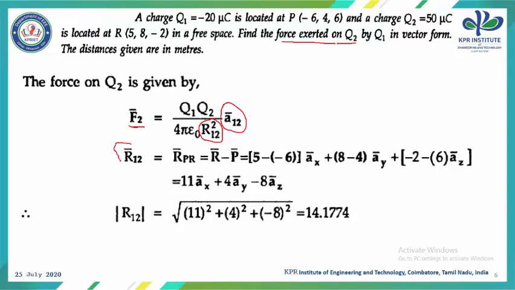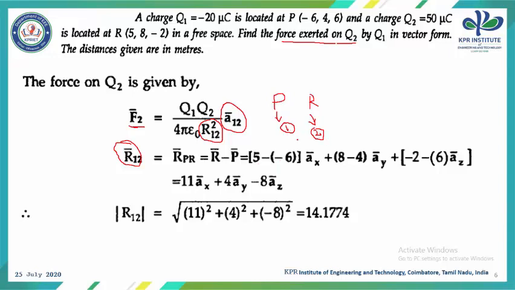So what is the R12 vector? Here we have been given two points. The first point is P and the next point is R. The first point is x1, y1, z1, and the second point is x2, y2, z2. Now how to find the distance vector?